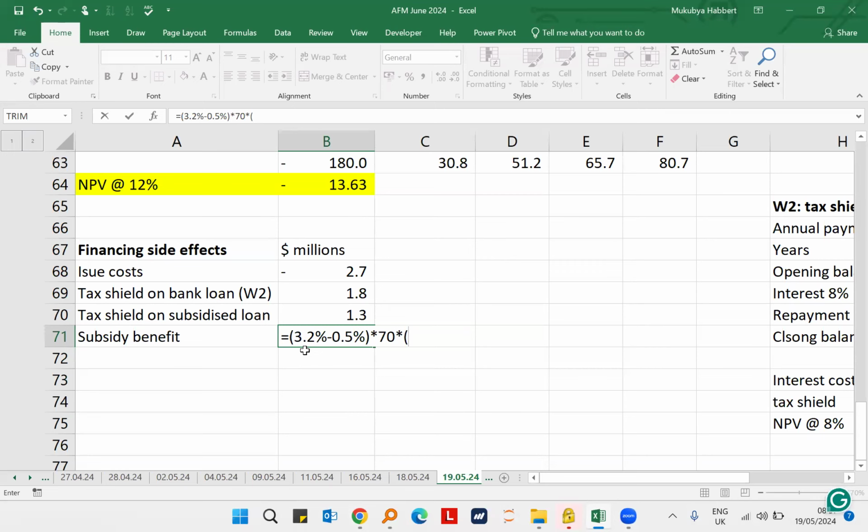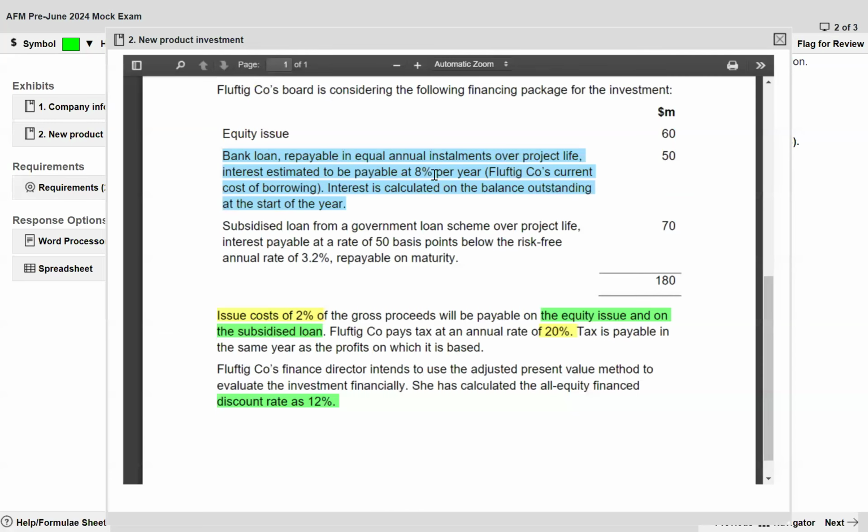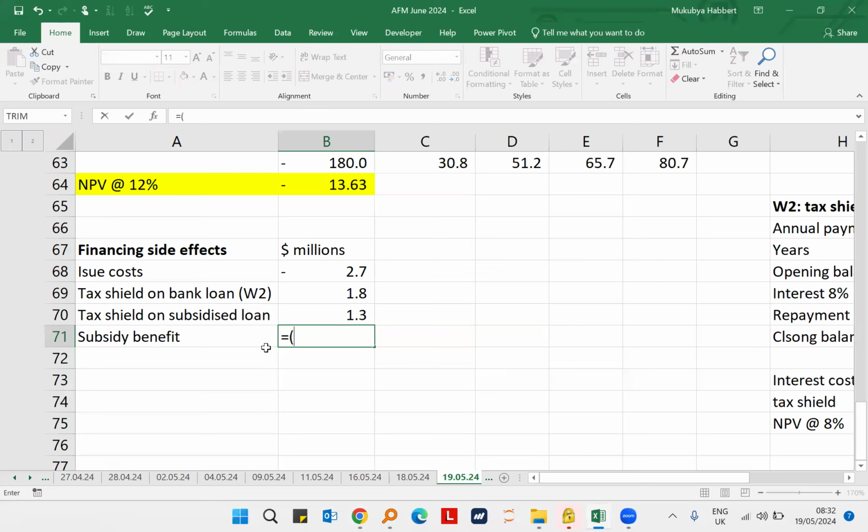But no, that's not the subsidy benefit. Normal borrowing is at 8%, but for us, we are getting it at 2.7%. So that's the benefit. Normal borrowing is at 8%, but instead of paying 3.2, we are even paying less, so that's the 2.7%.